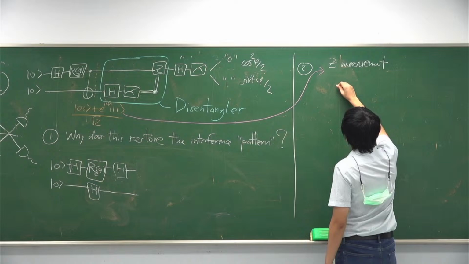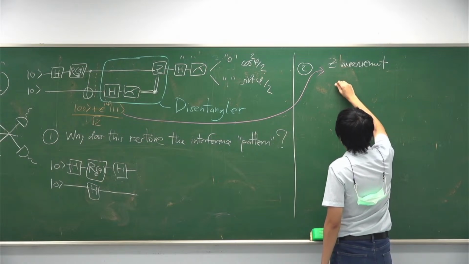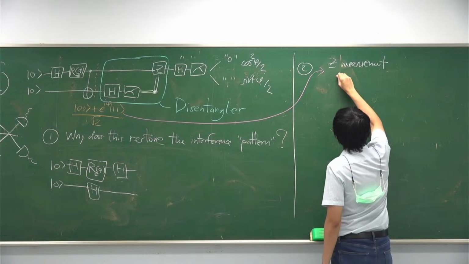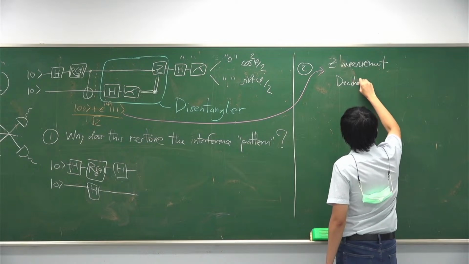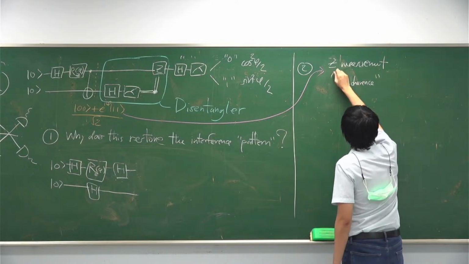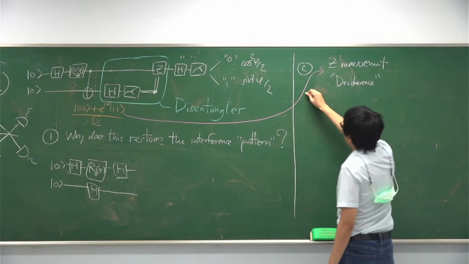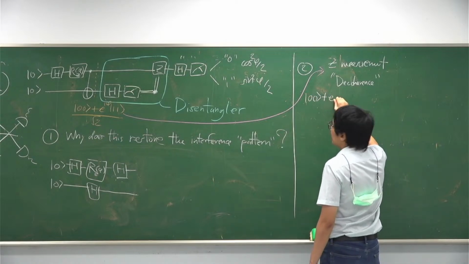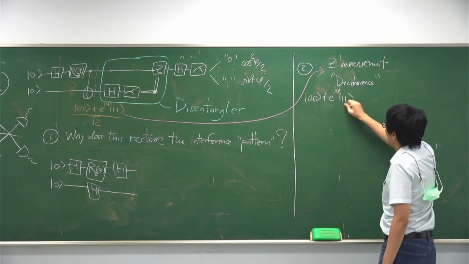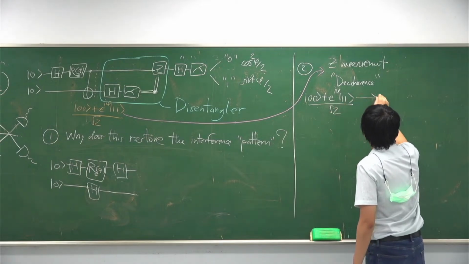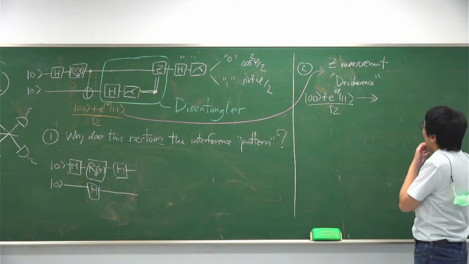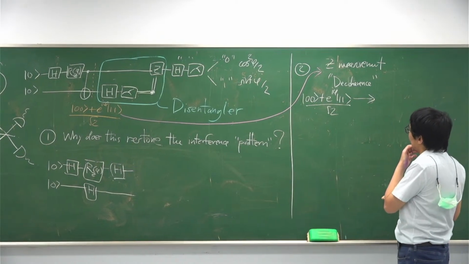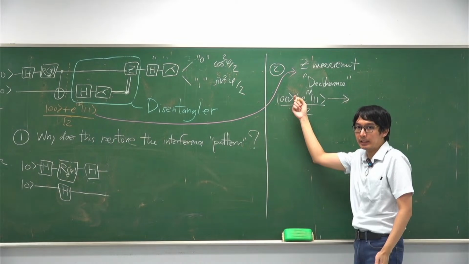Now, if measurement happens, or if decoherence happens, let me write this down here. By decoherence I mean that I just turn the amplitudes here into probabilities.